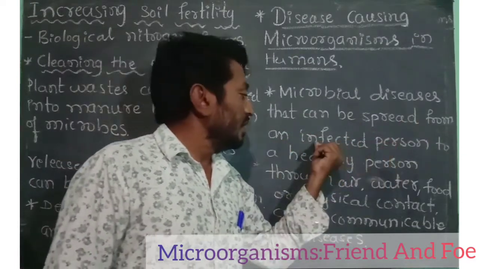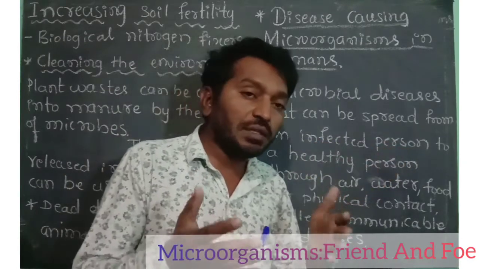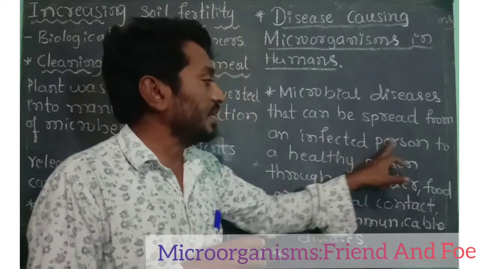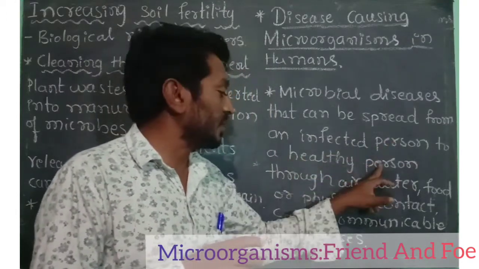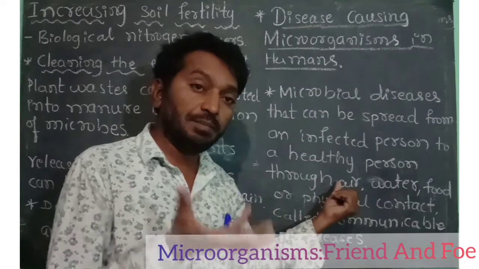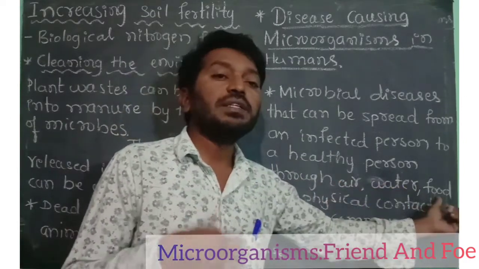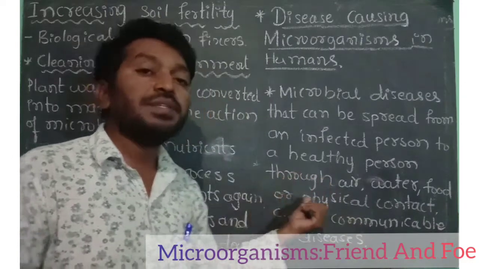Almost all microbial diseases can spread from an infected person. Infected person means someone who is already suffering from some disease. The disease spreads from an infected person to a healthy person through the air we breathe, the water we drink, the food we take, and even physical contact.